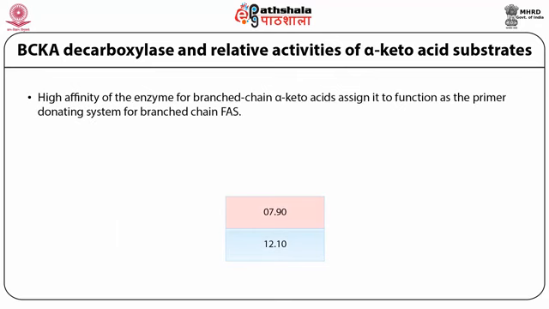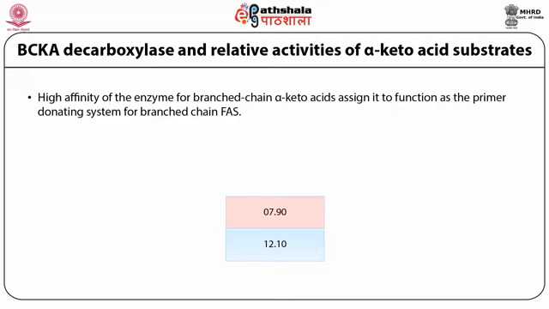The high affinity of the enzyme branch chain alpha keto acid decarboxylase for the branch chain alpha keto acids assigns it to function as the primer donating system for branch chain fatty acid synthase.